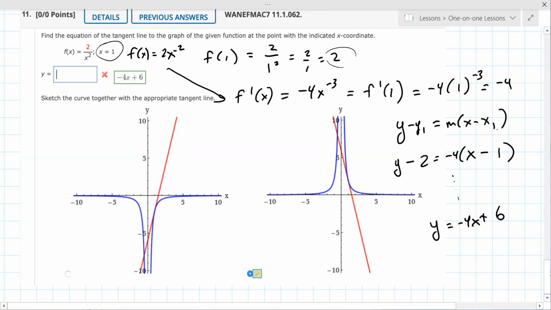So to choose the graph, I know there are 4 graphs here. You'll be able to choose it because only one of them will go through the right b value and have the right slope, meaning because it's negative, it goes down and to the right. Okay. You'd be able to choose that without having to graph it, but you can. The other thing is, the blue over here is the wrong graph. So there's a couple things there.